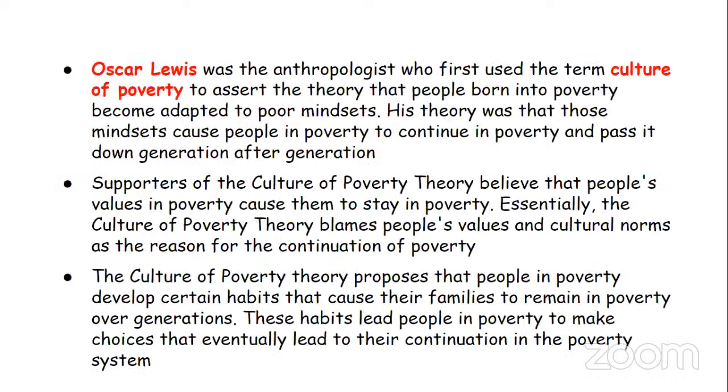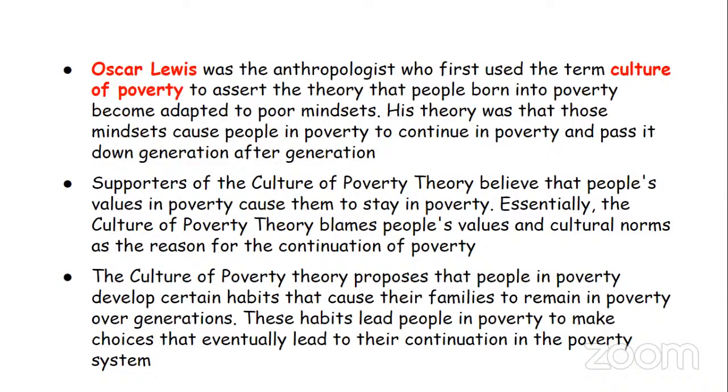Oscar Lewis was the anthropologist who first used the term culture of poverty. He used the term to assert the theory that people born into poverty become adapted to a poor mindset. This theory said that the mindset of people in poverty causes people to continue in poverty and pass it down generation after generation. So this is culture of poverty.